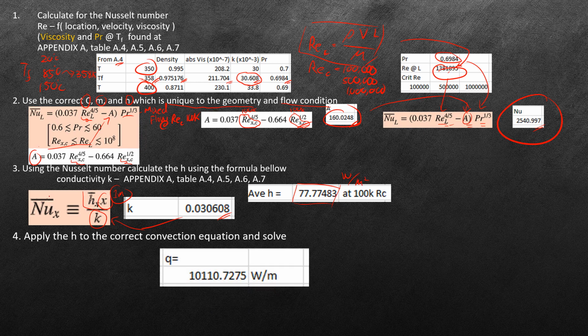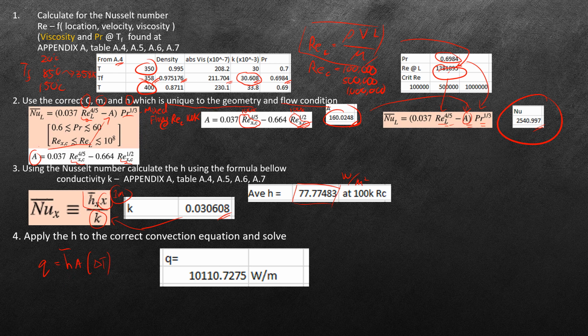From here, we can use this average convection coefficient for our heat rate, equivalent to h bar multiplied by the area multiplied by the temperature gradient.